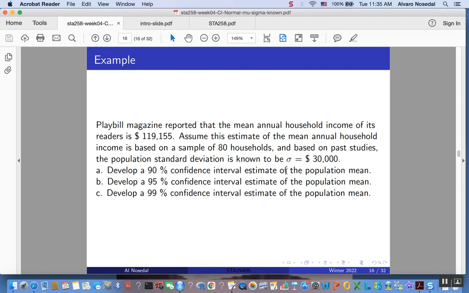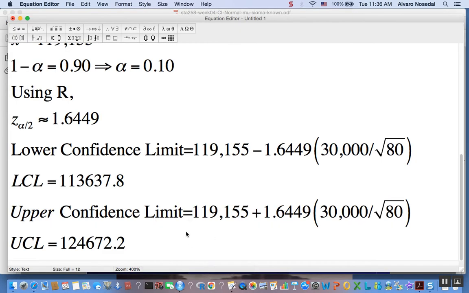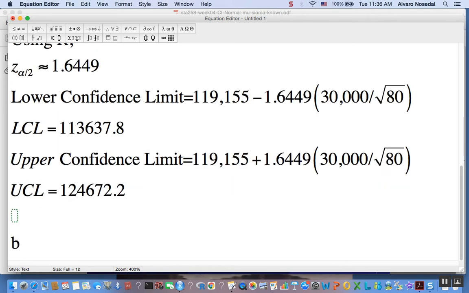So let's think about it. Let's see what is going to change if we want to do part B. Everything is the same. We haven't changed anything. The only thing that is changing is the confidence level, 95%. So the only thing that is going to change is the critical value, C star.